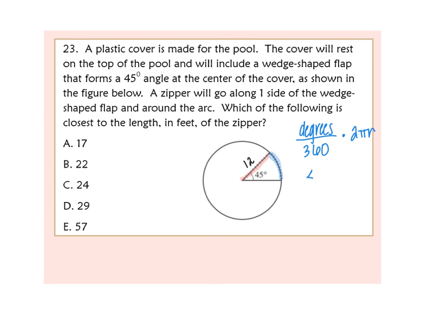So our degrees is 45 over 360 times 2 pi, radius is 12. You type this into a calculator. Once you type it in, you should get about 9.4. Remember, I need to add on that 12, and so I'm going to get about 21.4. And it says which one's the closest length, and so the closest length would be 22.